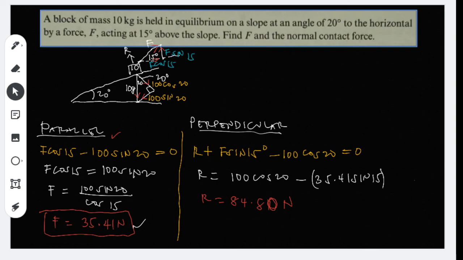That's the value of your R. Okay, so that's the solution of this problem. The thing that you need to remember is you must first draw the diagram. Okay, draw the diagram.